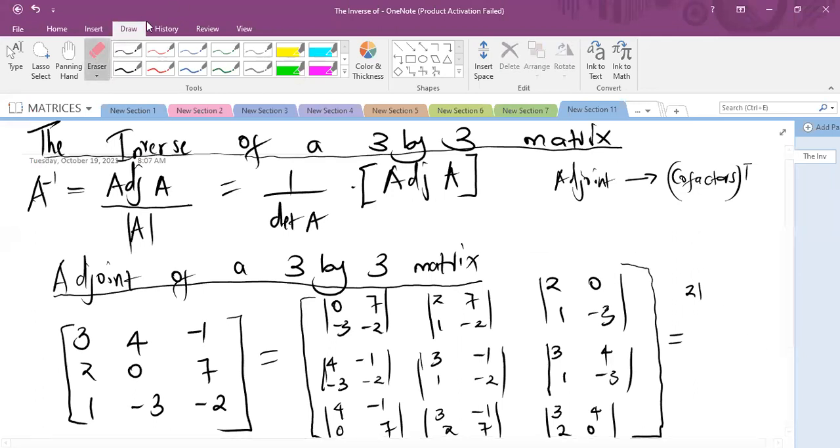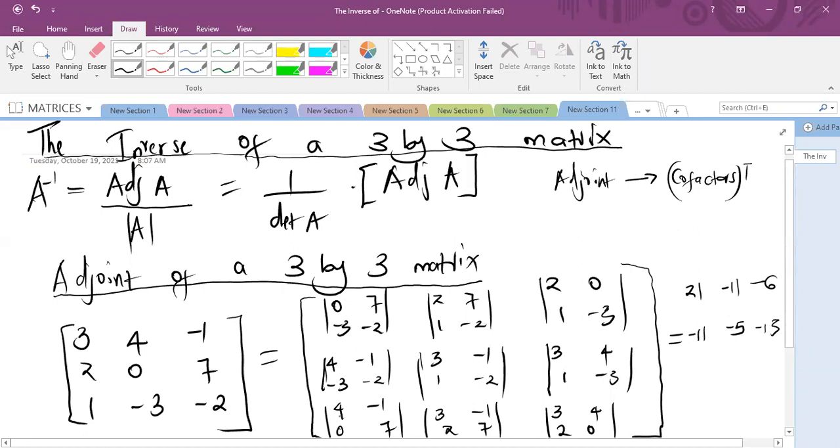Let me write it so that it's visible. Here we have minus 8 minus 3, so that will give us minus 11 as well. Then here we have minus 6 plus 1, so that will give us minus 5. Here we have minus 9 minus 4, that will give us minus 13.